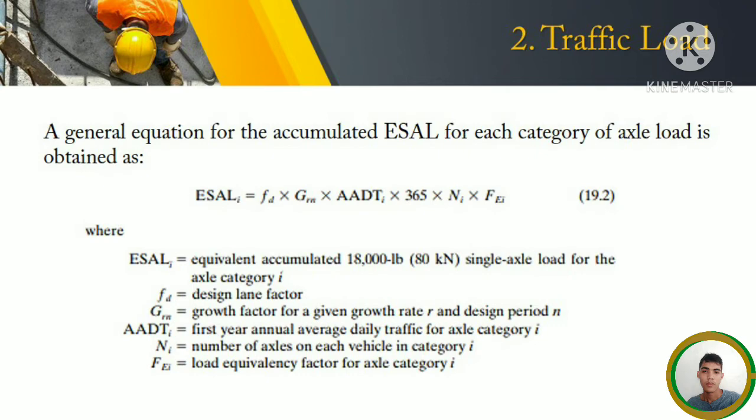F sub D is the design lane factor. G sub R of n is the growth factor for a given growth rate R and design period n. Furthermore, AADT sub i is the first year annual average daily traffic for axle category i. N sub i is the number of axles on each vehicle in category i. F E i is the load equivalency factor for axle category i.